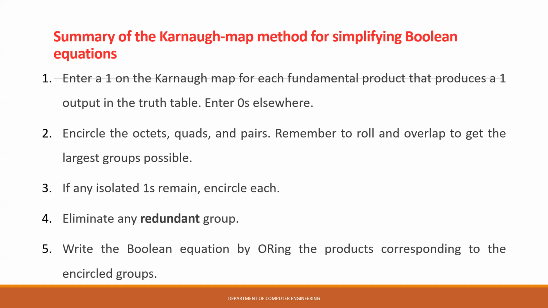That's why for cell AB, the cell which is reserved for AB, we have to mark that particular cell by logic 1 or by entering the 1. In this particular expression, A bar, B bar is missing. For that particular term, we have to enter 0.